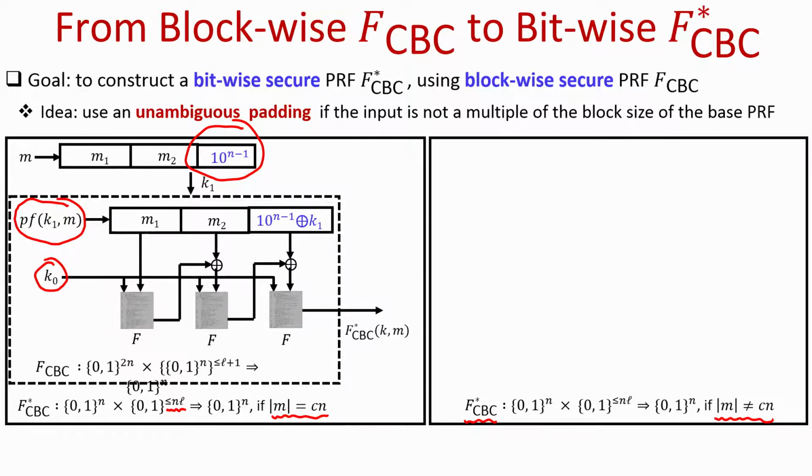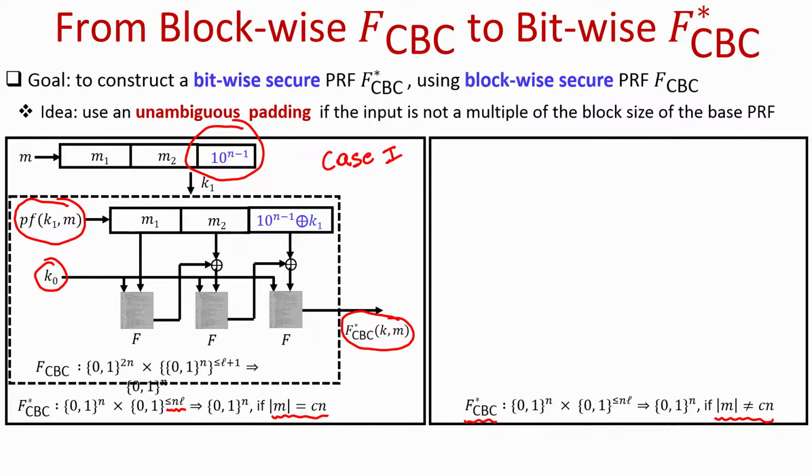Once we have the prefix-free encoding of the padded message, we take the sub key k0 and run our blockwise fully secure CBC, and whatever comes out is taken as the overall outcome of the bitwise secure PRF F star under the key k for the message m. This is case 1, when the message length is already a multiple of the block size of the base PRF.